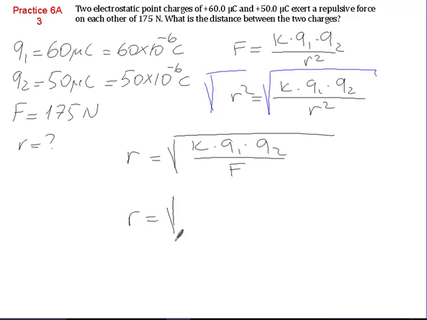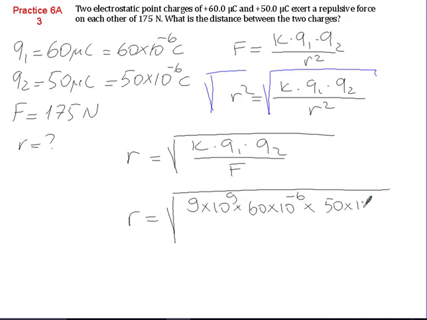We know k is 9 × 10 to the 9, Q1 is 60 × 10 to the power of minus 6, Q2 is 50 × 10 to the power of minus 6 coulomb, divided by the force between them, 175. And you calculate it, use your calculators, you will see that r is equal to 0.39 meters.